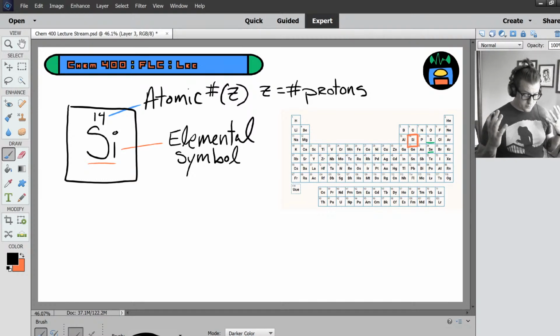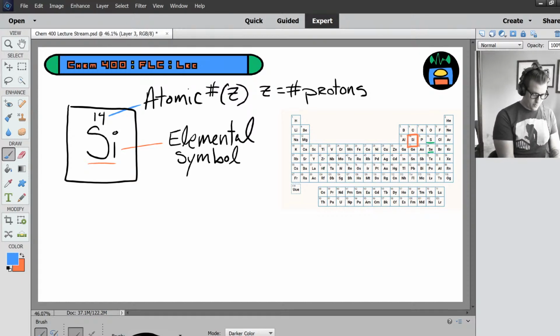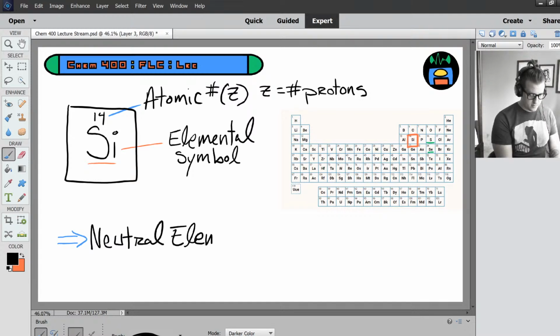Now, elements are all neutral, which means that they are not charged at all. So, for a neutral element, this is worth noting. If you have a neutral element, so not an ion, neutral means that there's no charge.